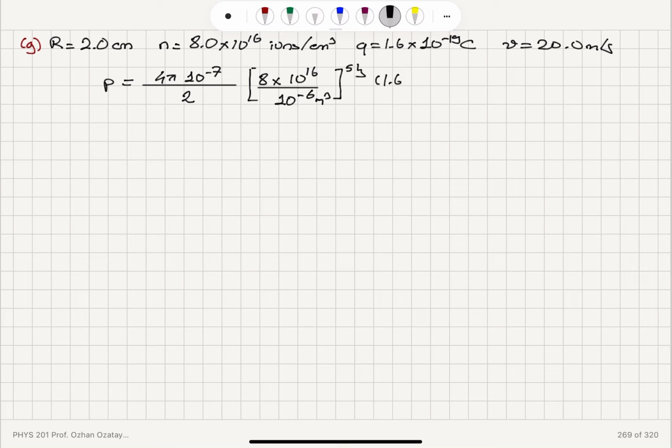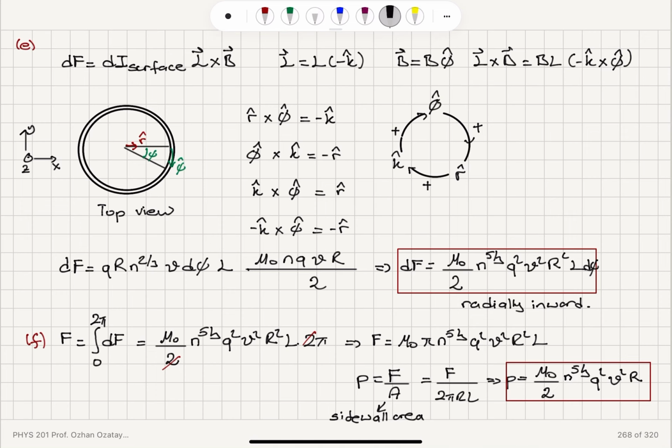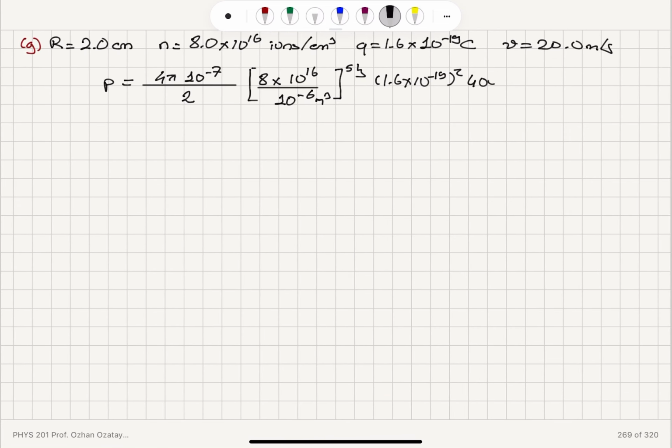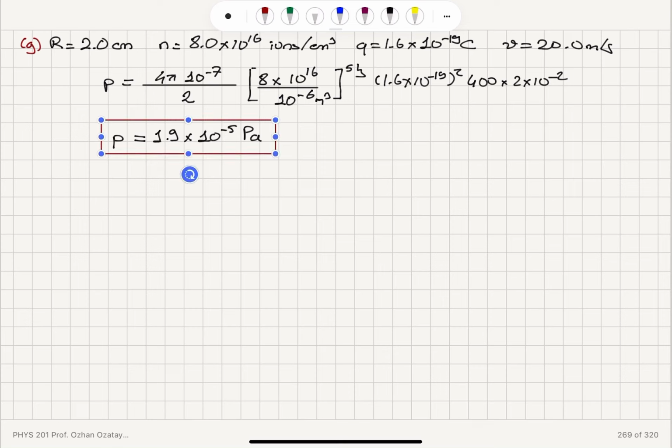The electron charge 1.6 times 10 to minus 19 coulombs squared. And then I have v squared, which is 400, times R. R is 2 centimeters, 2 times 10 to minus 2 meters. This is going to give me the pressure in SI units, 1.9 times 10 to minus 5 pascals. All right, so that's going to be the pressure we will see.